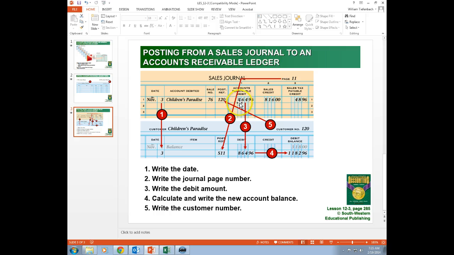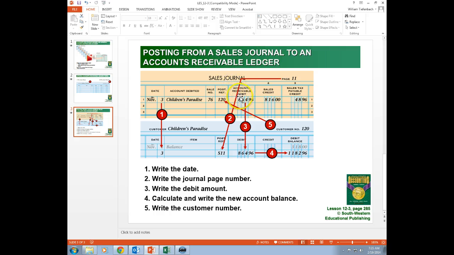The debit amount is the total amount of the sale, the total amount of what they owe us. How we get that is we take the sale of merchandise, times it by whatever the sales tax is, which is this amount. These two together are the total amount of money that they owe us. That's the third thing. We're going to put this in the debit amount side. We don't need to worry about these two amounts.